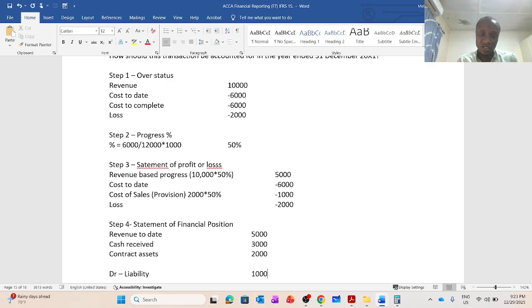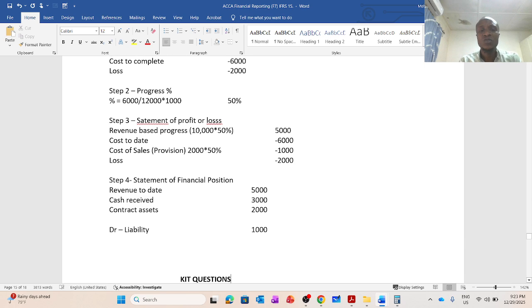You will be asked to calculate the contract asset and the contract liability, the revenue that should be recognized based on the progress, and the percentage of progress using either the input or the output method. Then you will be asked to determine the overall status of the business. So for you to be on the better side, you need to understand each of the various stages under contract costing. Very important, very key concept that you need to know as a student.